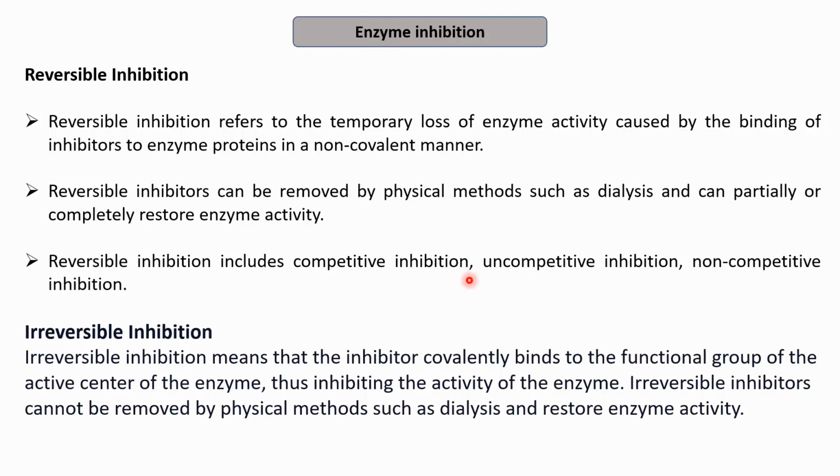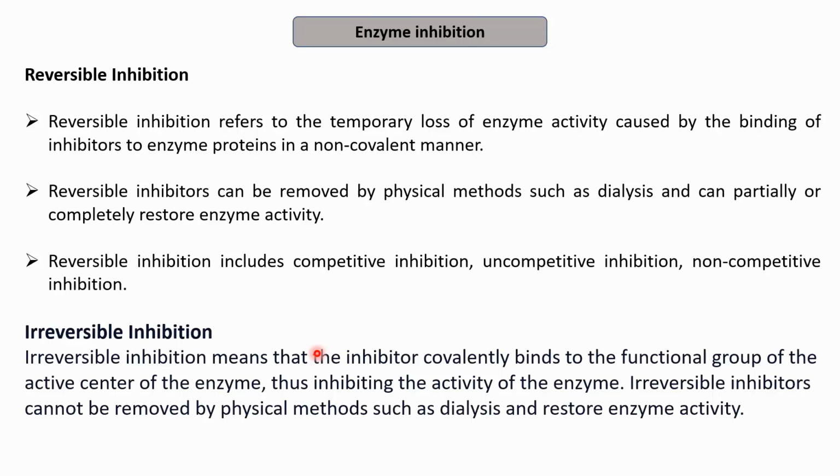In the case of irreversible inhibition, there is a permanent loss of enzymatic activity, and this is due to a covalent bond formed between the inhibitor and the active center, or the active site, of the enzyme, thus inhibiting the activity of the enzyme. So irreversible inhibitors cannot be removed by any physical method.